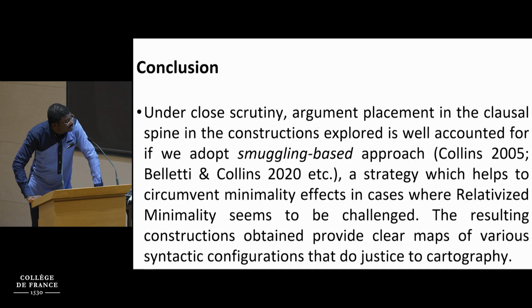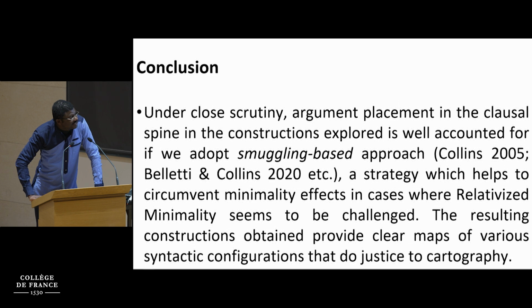So I think under close examination, the position of the object in the clausal spine in this construction can be well accounted for if we adopt a smuggling-based approach as proposed by Collins and Adriana Belletti and Collins, a strategy which helps us to avoid minimality effects in cases where relativized minimality seems to be challenged.